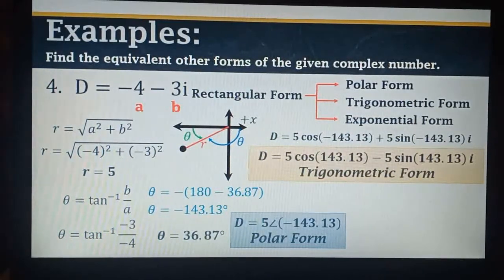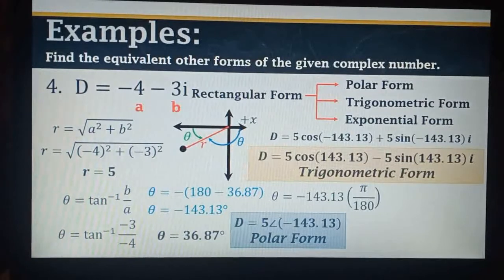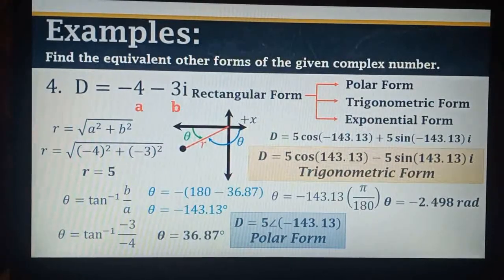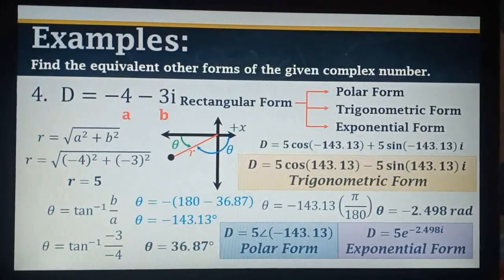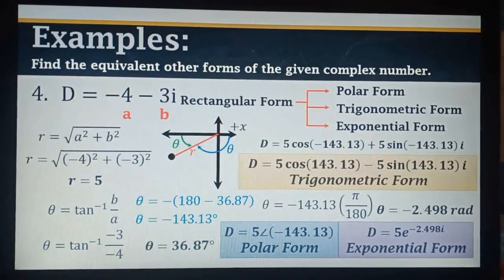So 5 sine of negative 143.13 can be rewritten as negative 5 sine of 143.13 multiplied to I. Then the computed negative 143.13 degrees to be converted into radian, multiplying it to pi over 180, you can have the value of the theta as negative 2.498 rad. So the exponential form is 5 e raised to negative 2.498 I.